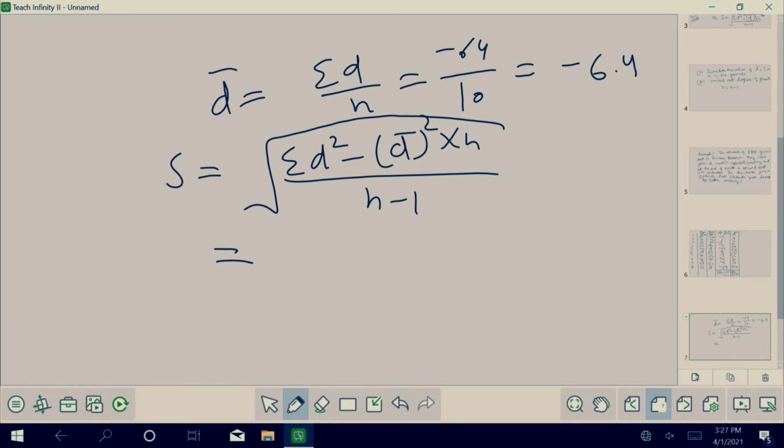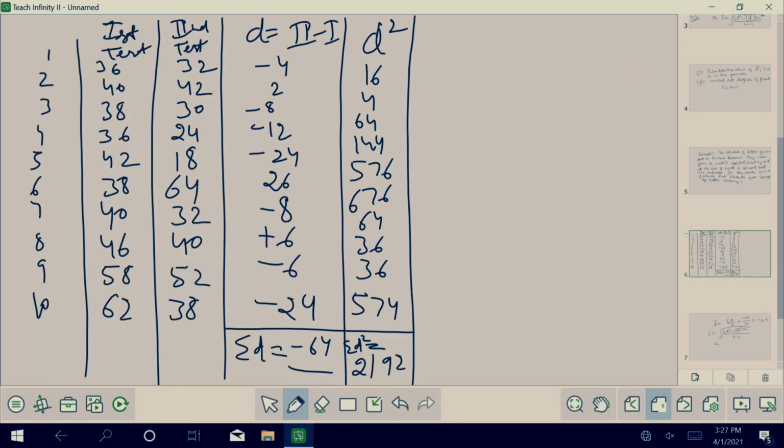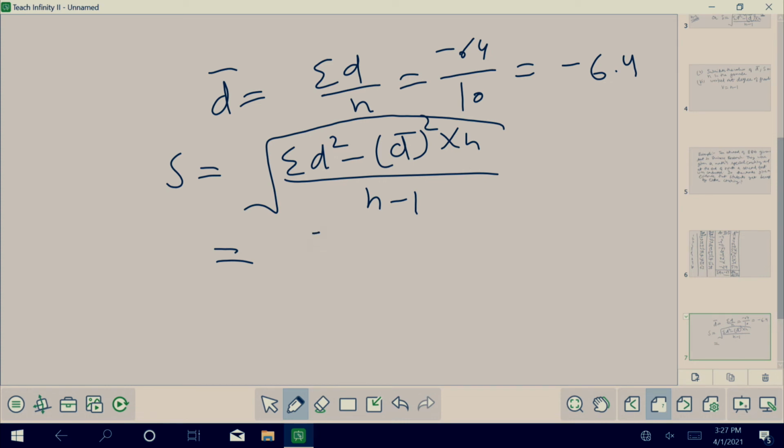We have all the values. Sigma d square is 2192, minus d dash is 6.4, so 6.4 square into n.